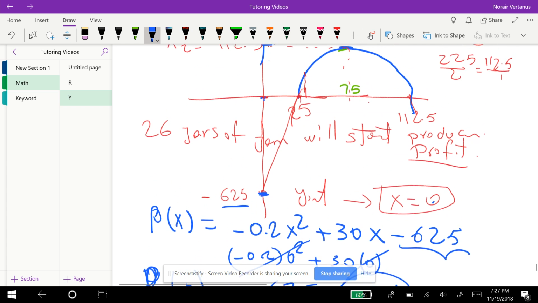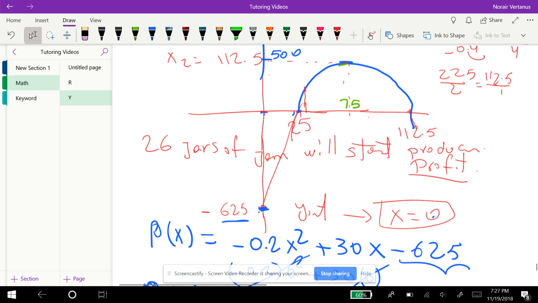So we did all these key points: the maximum, the y-intercept, and the x-intercepts, 25 and 125. If there was a question asking what is the maximum number they can sell and still have profit, you see that if they sell more than 125, they don't see profit anymore.